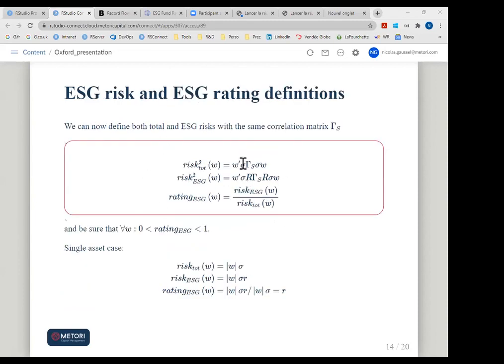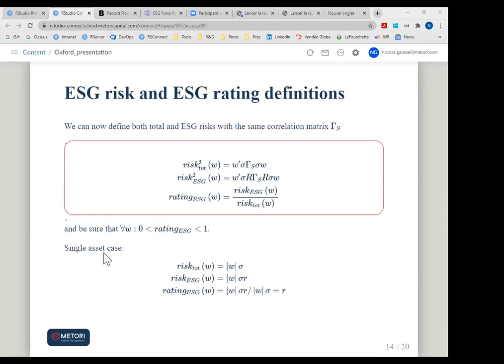You have the total risk, which you can compute with that correlation matrix, with the traditional variance formula. You have the ESG risk that you can compute with the same formula on this correlation matrix, scaling the volatility by the rating. And then the ESG rating would be the ratio between those two quantities.